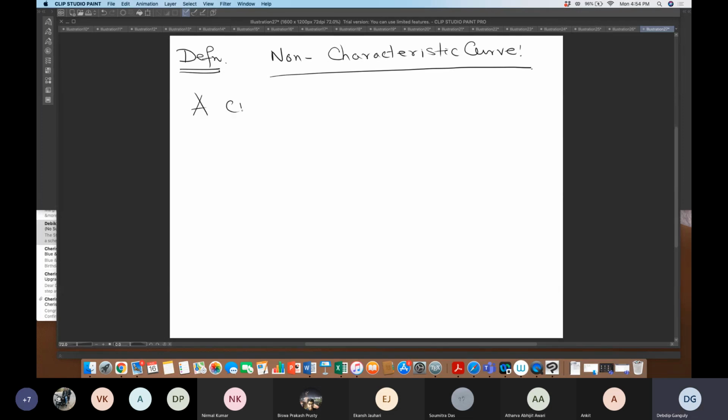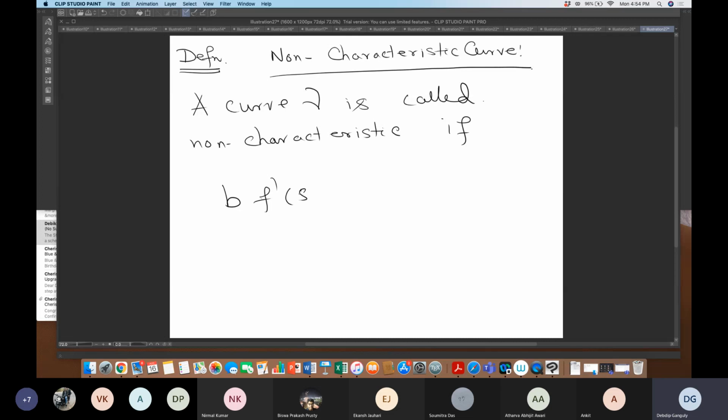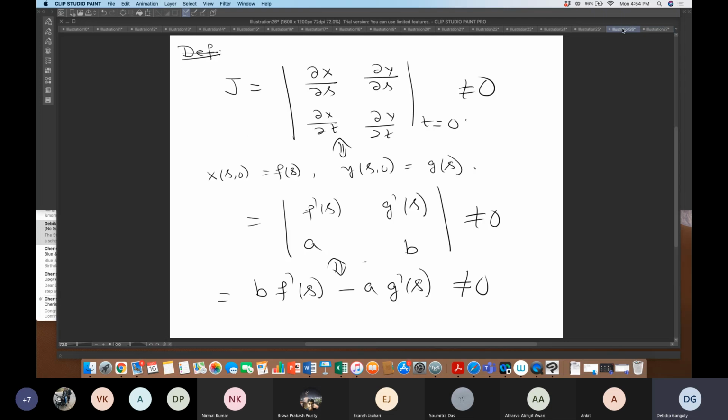A curve gamma is called non-characteristic if b into f prime of s minus a into g prime of s is not equal to 0. Otherwise the curve we call characteristic curve if it equals 0.